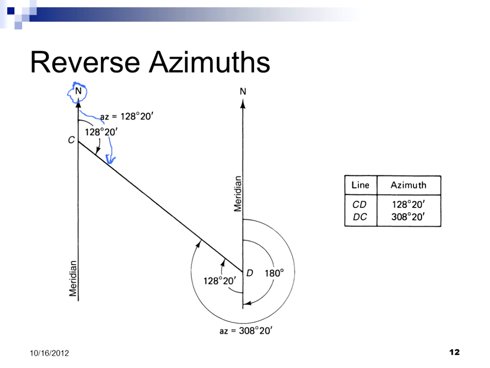So if we traveled from point C to point D, and then we wanted to turn around and travel back from point D to point C, what would the azimuth be? Well, here's that same meridian. Notice it's parallel. This meridian right here and this meridian right here are the same meridian.